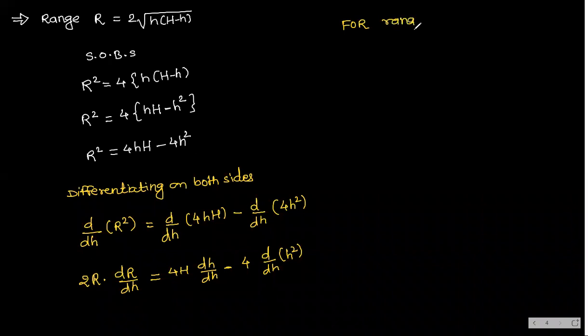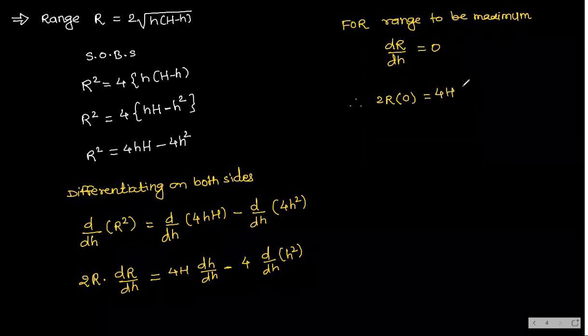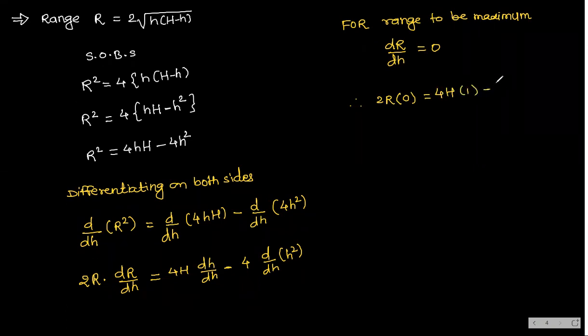For range to be maximum, dR by dh should be equal to 0, and therefore this side 2R into 0 is equal to 4H. This dh by dh is 1 minus 4 into this h square differentiation is what? 2 into h. Yes, no?